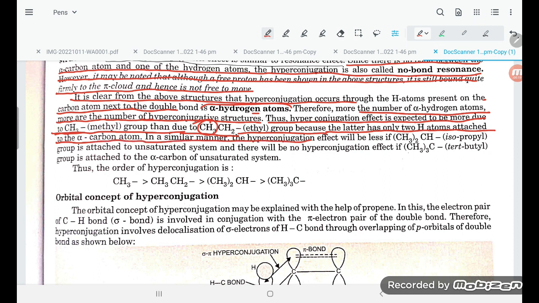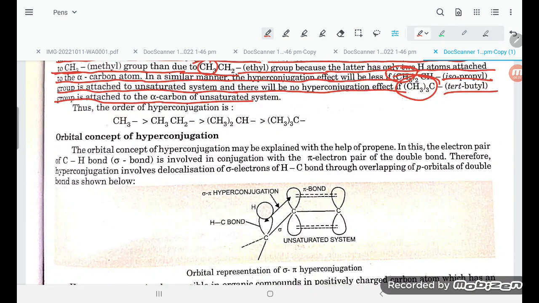In a similar manner, the hyperconjugation effect will be less for the (CH3)2CH isopropyl group attached to the unsaturated system, and there will be no hyperconjugation effect in the tertiary butyl group. Thus the order of hyperconjugation is CH3 > CH3CH2 > (CH3)2CH > (CH3)3C.